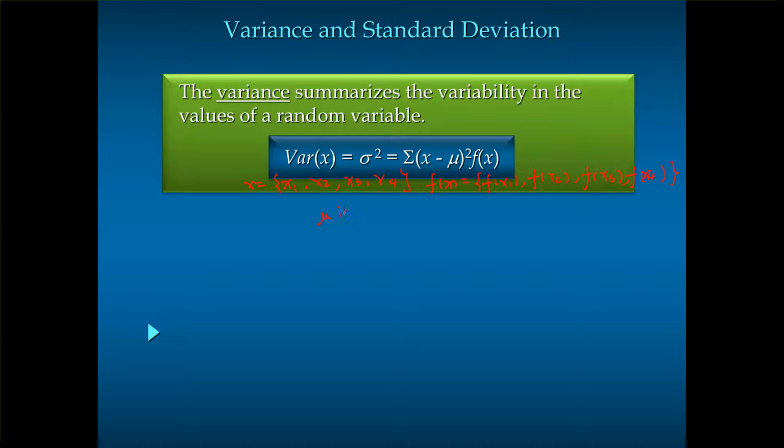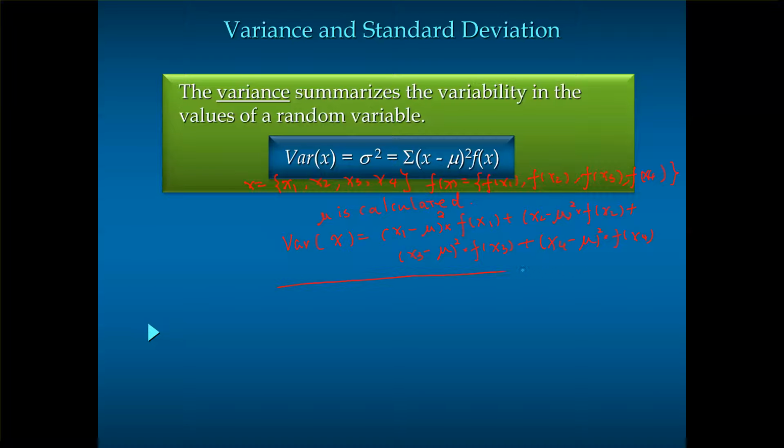Now, to calculate the variance for x, we use (x1 minus mu) squared times f(x1), plus (x2 minus mu) squared times f(x2), plus (x3 minus mu) squared times f(x3), plus (x4 minus mu) squared times f(x4).